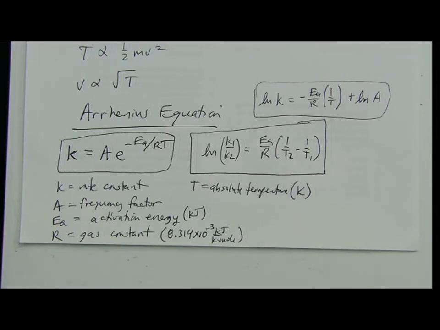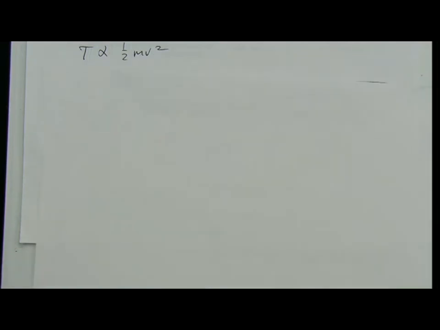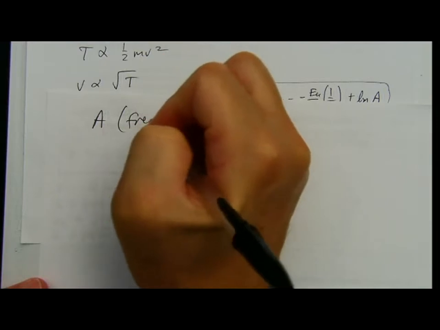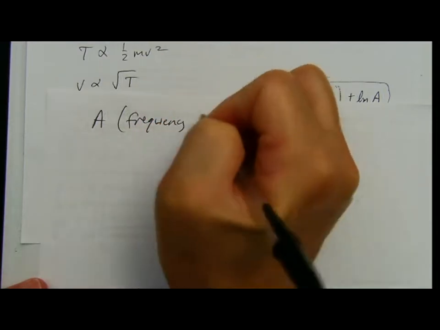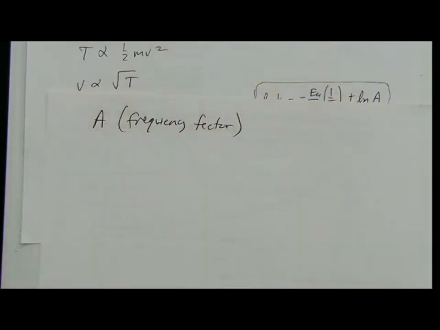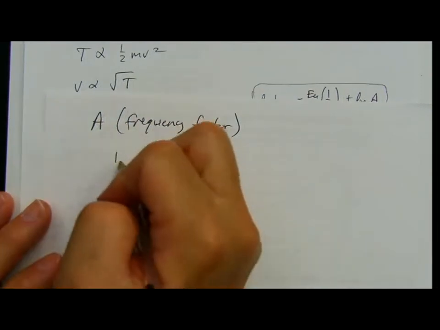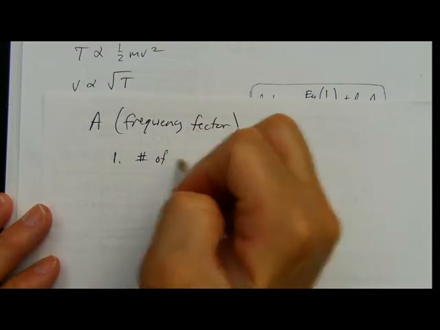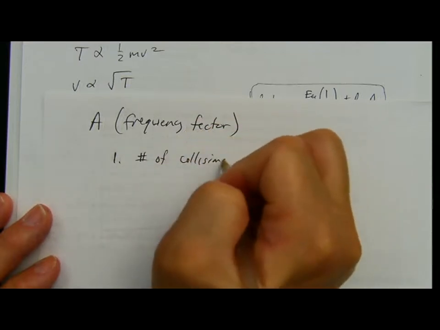All right, so these are example problems that you'll need to be able to work. Before I get to that, I want to make sure I covered everything that I wanted to. One of the things I did want to mention was what that frequency factor is, right? So this thing A, called the frequency factor, is a measure of 2 things. One is determined by the number of collisions per second.